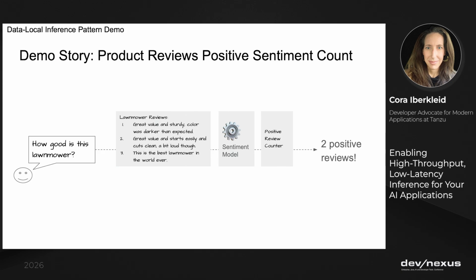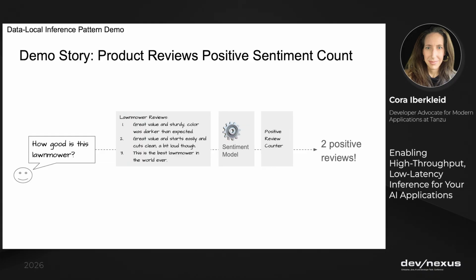So now the function in Gemfire, a little piece of Java code running in Gemfire, is going to do something similar. It's going to go get the model from that same AI model region and load it. It can also access the additional data, so it knows lawnmower, so it has to go to the table of products and say, for lawnmower, give me all of the reviews for lawnmower. For each review, it's going to do the inference.